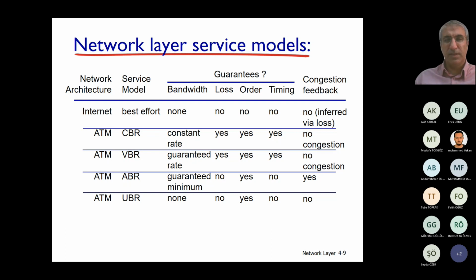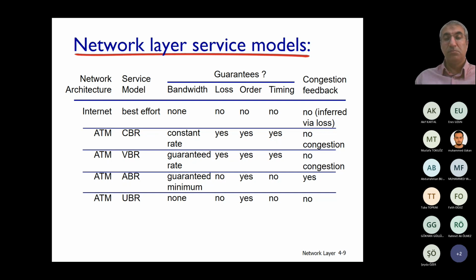Let's just look at one of them. For instance, the CBR provides a constant rate in terms of bandwidth. It guarantees against packet loss. It guarantees the order of the packets, and it guarantees timing. And there's no congestion because it's a guaranteed service.